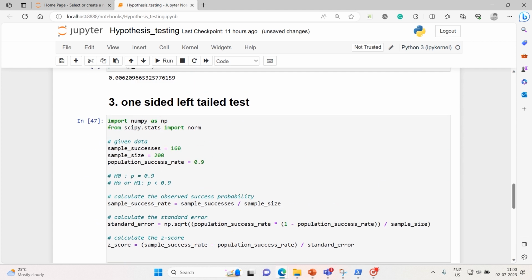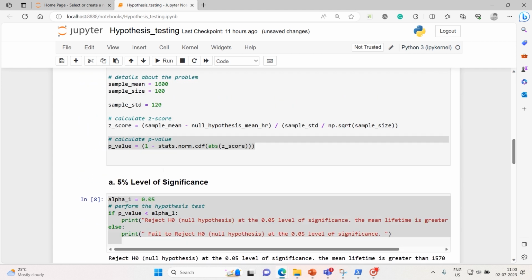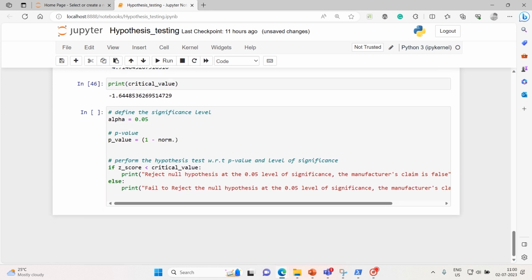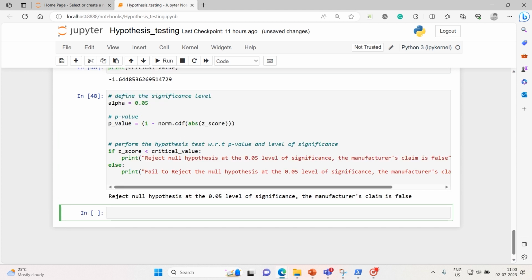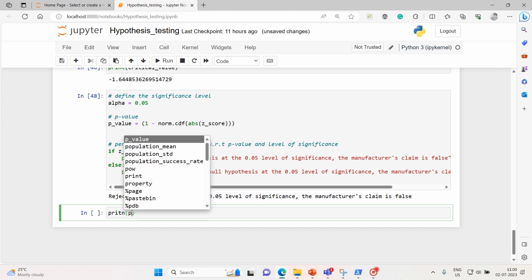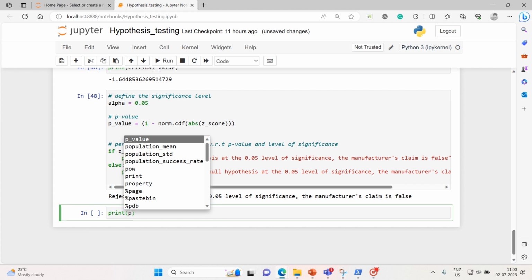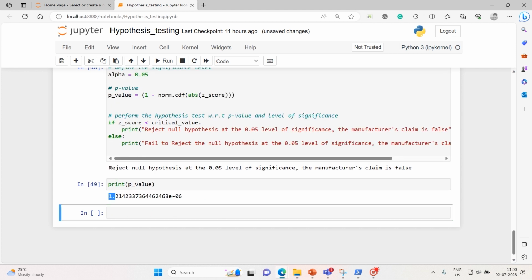Let me check whether we have imported it or not. Yeah, norm.cdf, and execute it. Let me print the p-value. This is what we got, 1.22. This is lesser, that's fine.